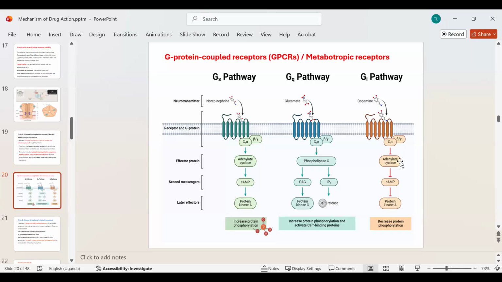However, with this G protein coupled receptor, there are quite a number of other steps which involve other messengers.